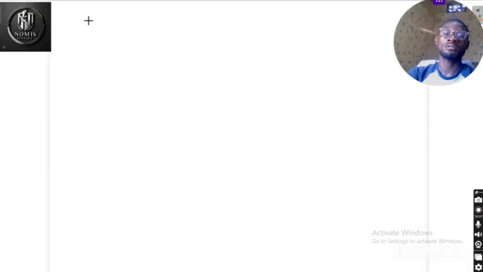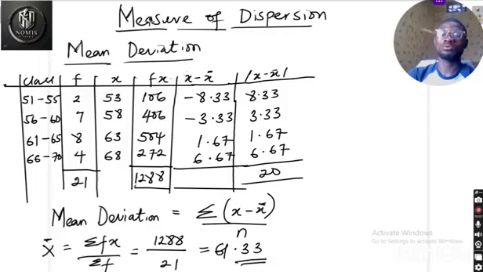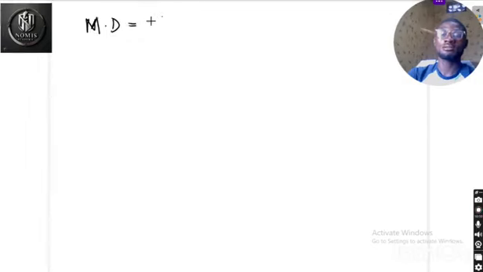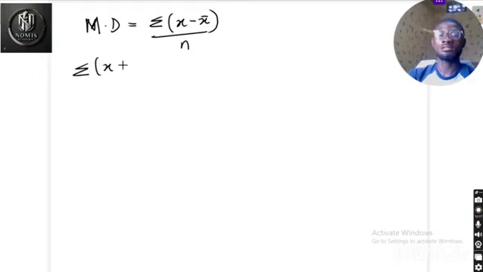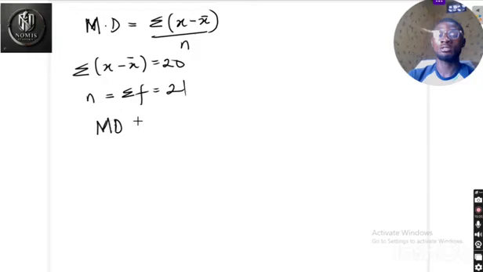Remember, mean deviation is equal to summation |x minus x bar| all over n. Since our summation |x minus x bar| is equal to 20, and n, which is our summation f, is equal to 21, the mean deviation is equal to 20 divided by 21.